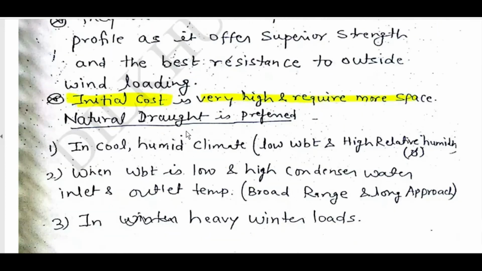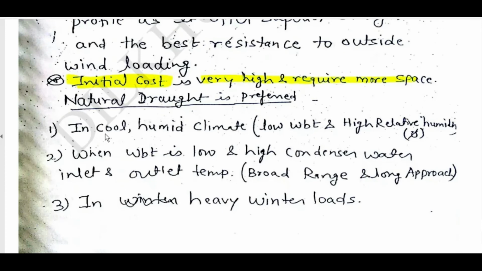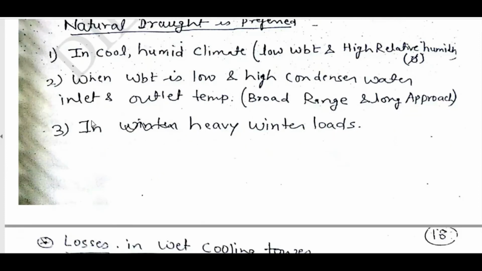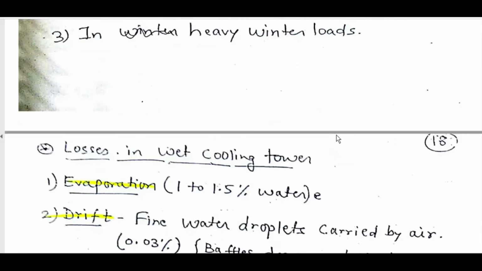Natural draught is preferred in cool, humid climate, with low WBT and high relative humidity, and when there is high condenser water inlet and outlet temperature, broad range and long approach, in heavy winter loads.